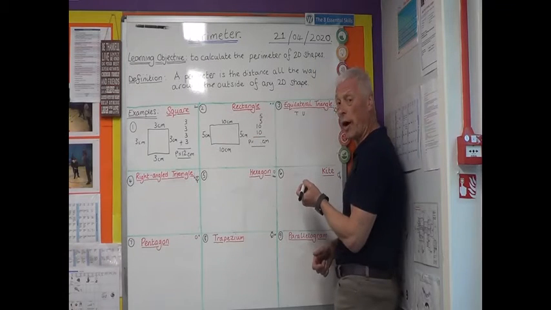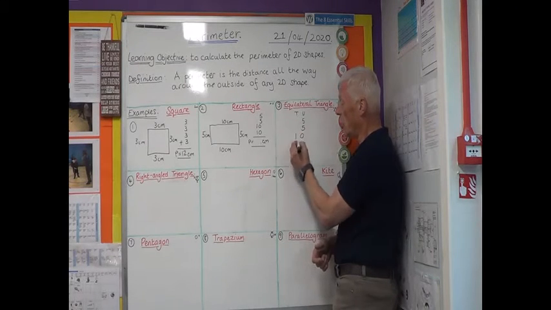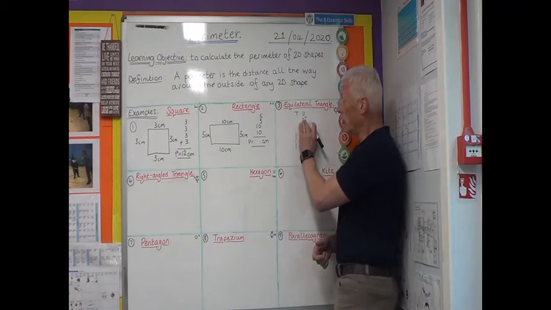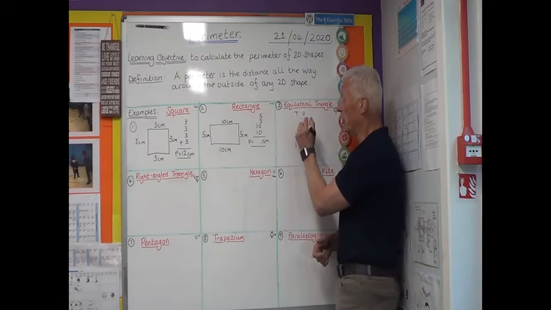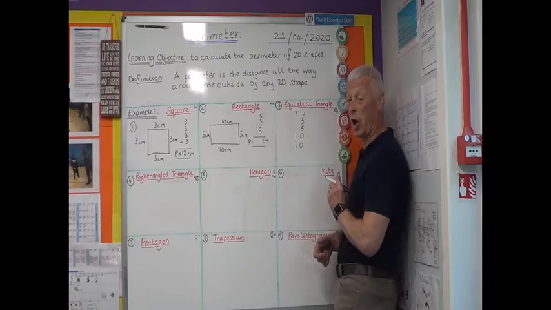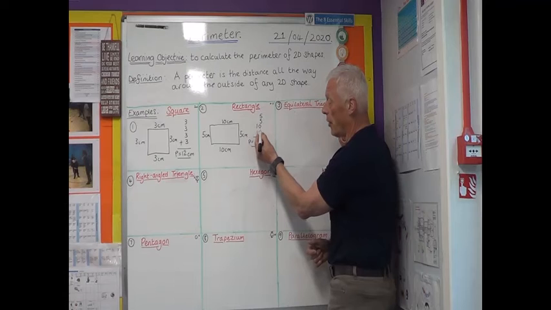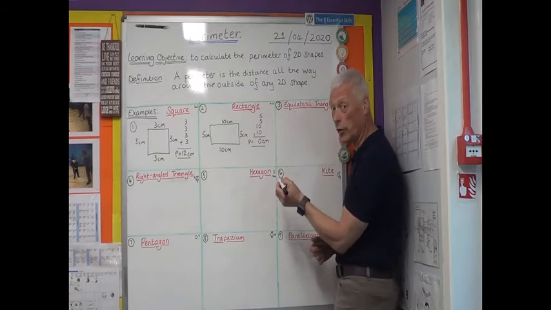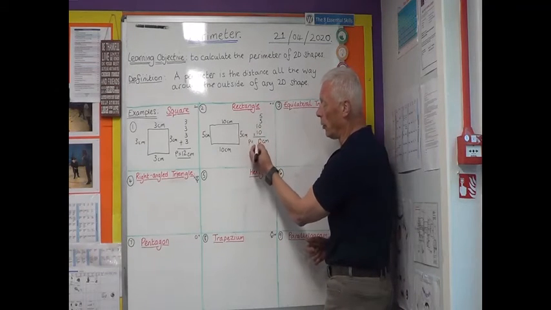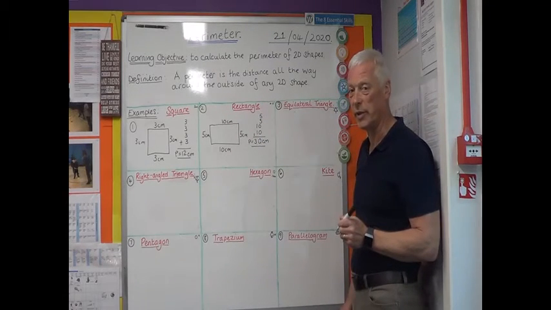So when you've got double digits like 10, the 5s go in the units, the 10s are in the tens column. Don't mix those up, otherwise you'll get the wrong answers. Please make sure that they are in the right column. Adding those up, 5 add 5, 0 and 0 is 10. Put 0 down, carry the 1, you all know how to do that. 1 add 1 add 1. So the perimeter of that rectangle is 30 centimetres.